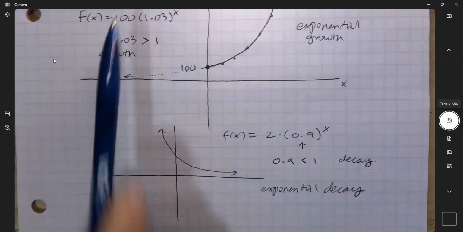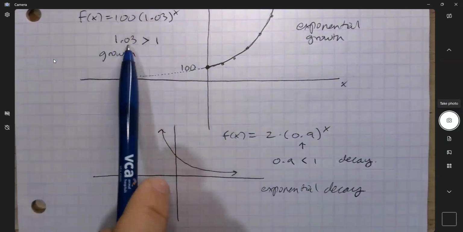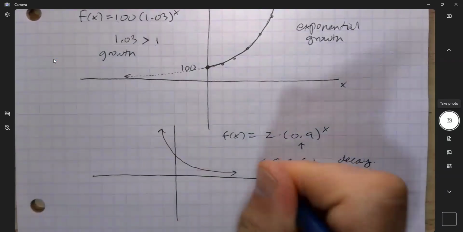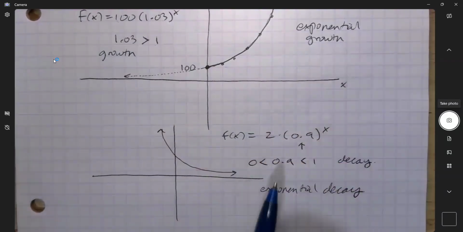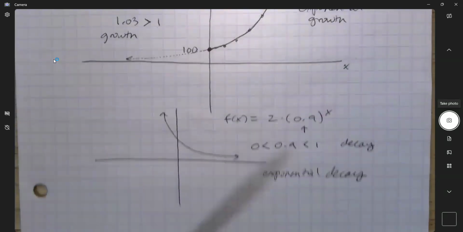You start with an initial value and you do repeated multiplication. If your multiple is bigger than 1, you grow. And if your multiple is less than 1, but still has to be positive, then you decay. Faster growth leads to graphs that go up faster.